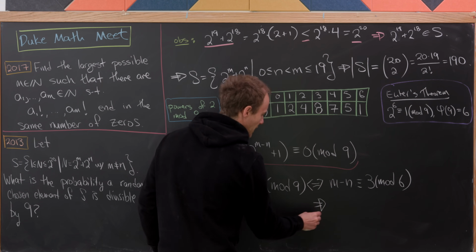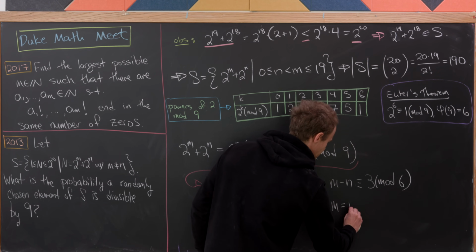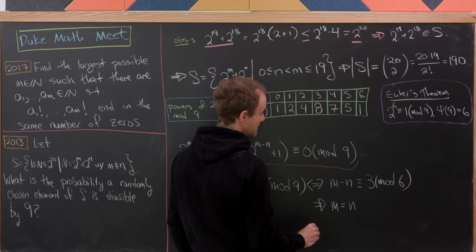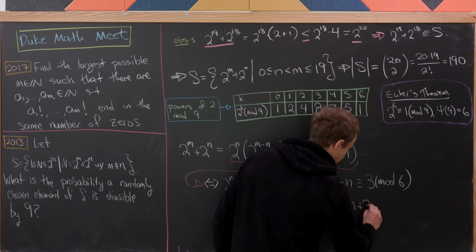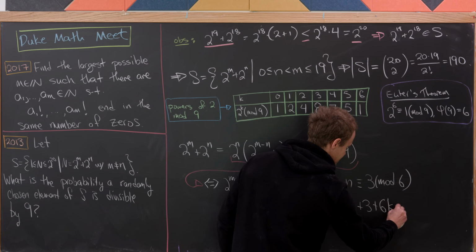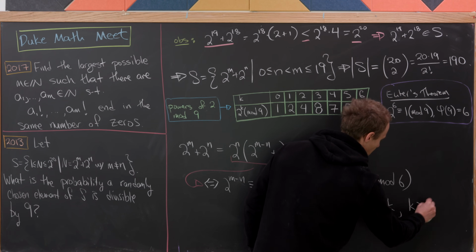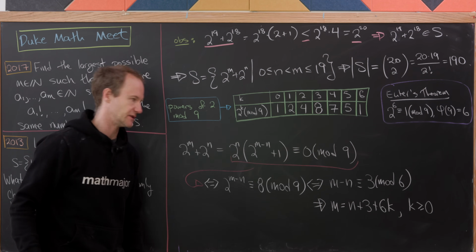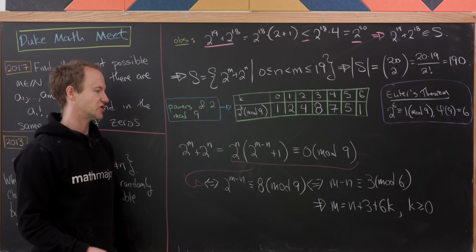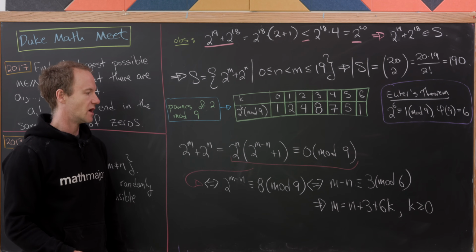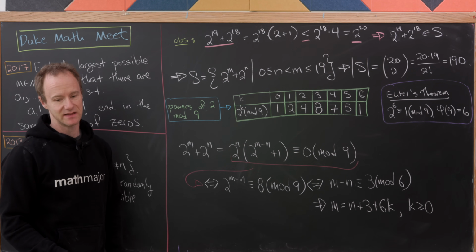But then, what does that mean? That means that m can be written as n plus 3 plus 6 times k, where k is bigger than or equal to 0. That's just by the definition of congruence modulo 6 in this case.